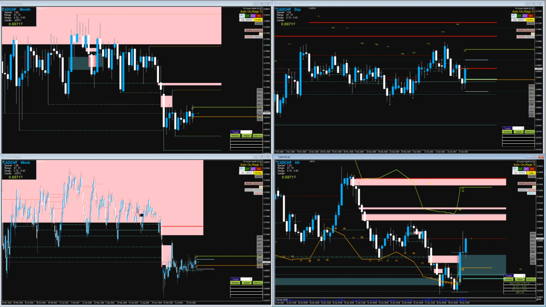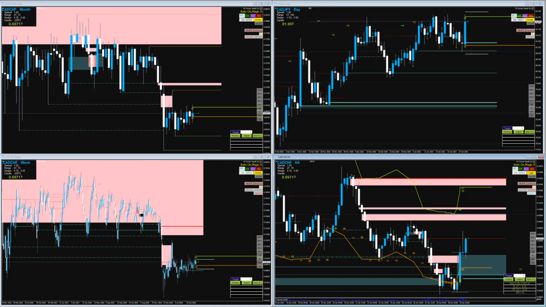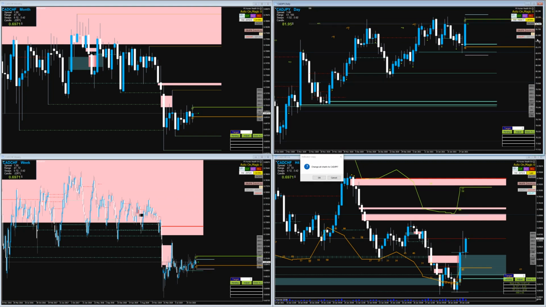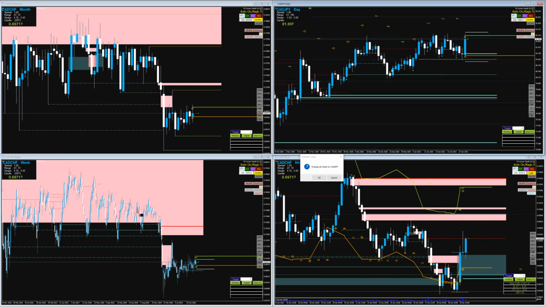Next pair with the CAD is actually the CAD JPY, because we all have seen that the JPY is weakening and the CAD is actually strong. So what is going on here? Look at this. The CAD was actually ranging in here, and right now we are getting number 7, and I want to explain something to you. Look at this.